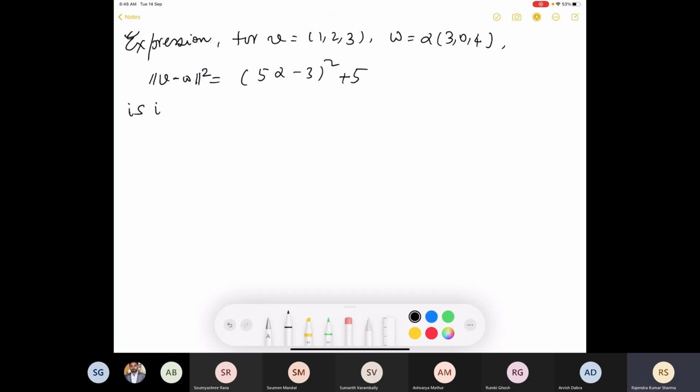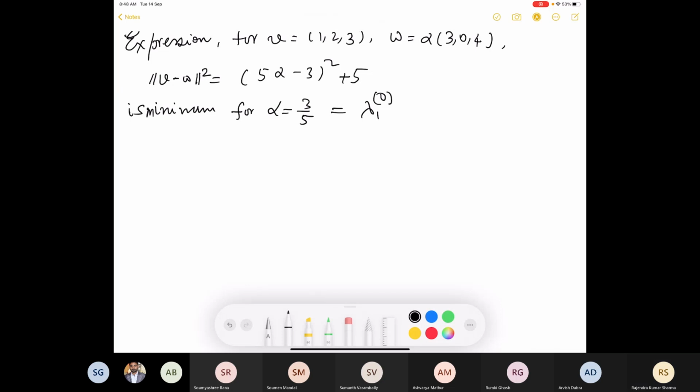So this is minimum for alpha as 3 by 5. And this is what is actually lambda 1 0, if you remember that proof that we gave.